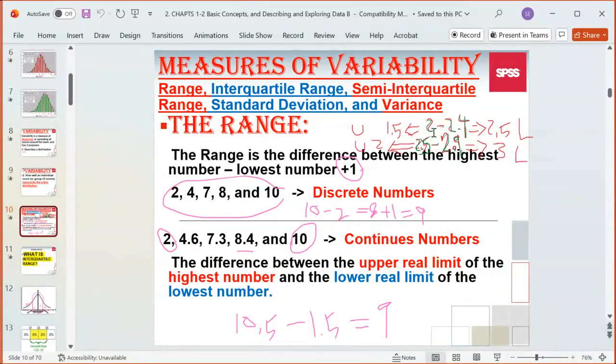So for number 2, if your number is 2 all the way to 2.4, that means 2.1, 2.2, 2.3, 2.4, anything in between, then your upper real limit will be 2.5 because it's less than 2.5.